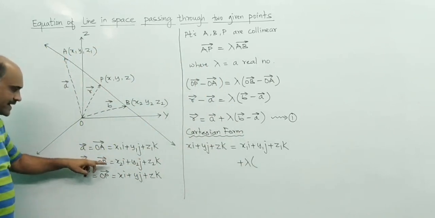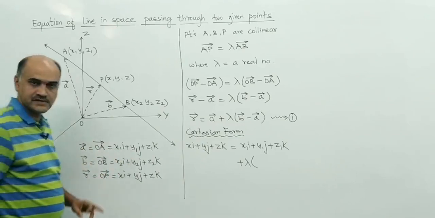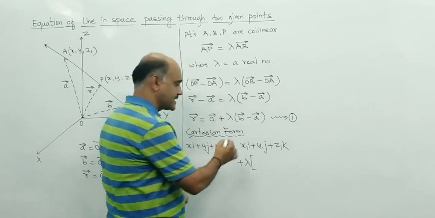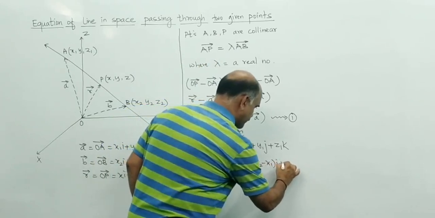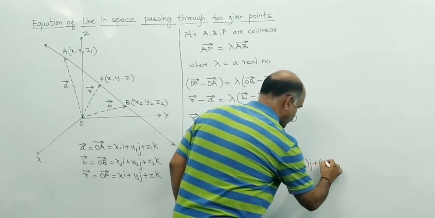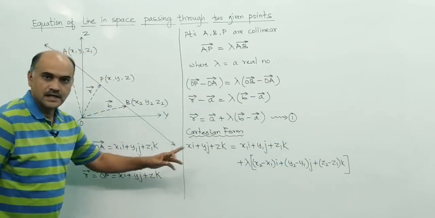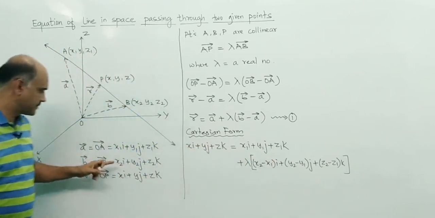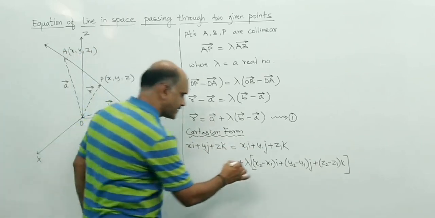B minus A I will write directly: (x2 minus x1) into i plus (y2 minus y1) into j plus (z2 minus z1) into k, bracket complete. Clear, students?